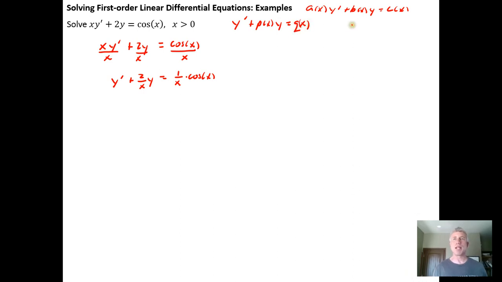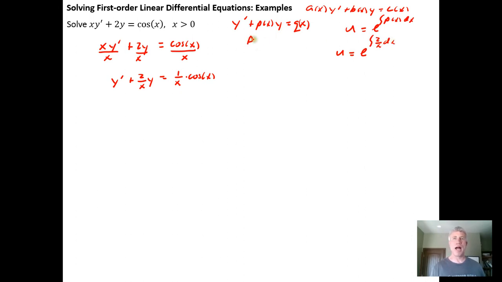And remember, we'll make the integrating factor by letting u equal e to the antiderivative of the p of x term integrated with respect to dx. So our p of x in this case is 2 over x. So our integrating factor is going to be u equals e to the antiderivative of 2 over x dx.